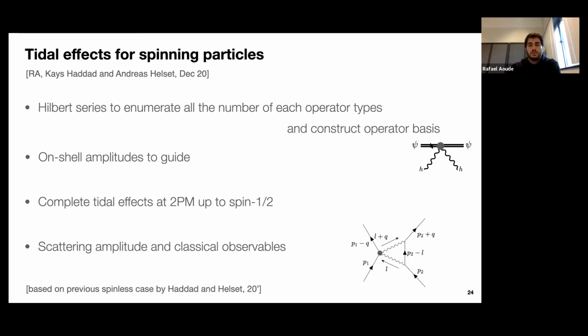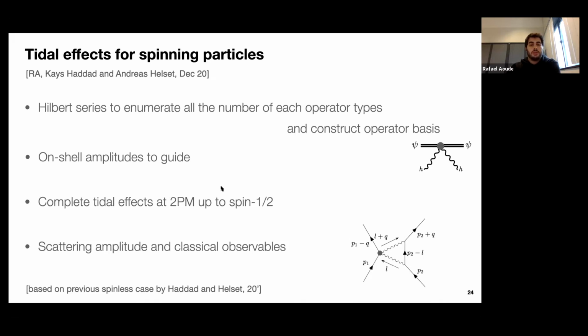To do that, after we enumerate over everything and construct the basis, we use on-shell amplitudes of this part of the amplitude to guide us on which terms are relevant. So if you have some off-shell relations, we can see them on shell.